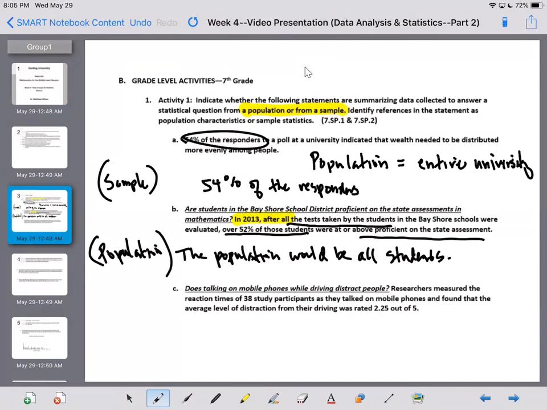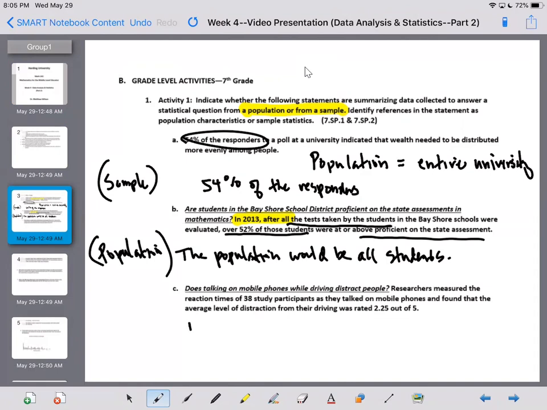Part C, does talking on a cell phone while driving distract people? Researchers measured the reaction times of 38 study participants as they talked on mobile phones and found that the average rate of distraction from their driving was rated 2.25 out of 5.